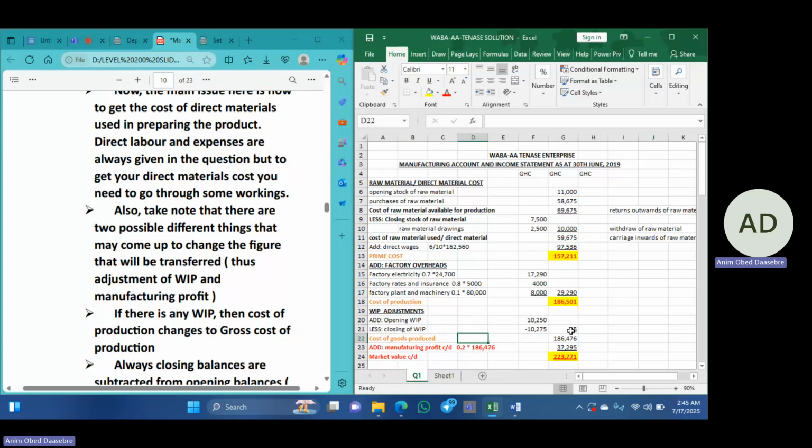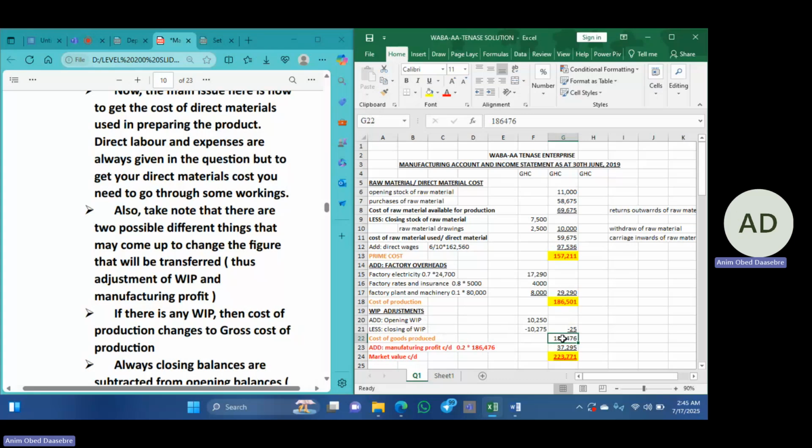Then you add the net amount, whether it is an increase or a decrease, to the cost of production. Then you get what we call the gross cost of production, or what you term the cost of goods produced.